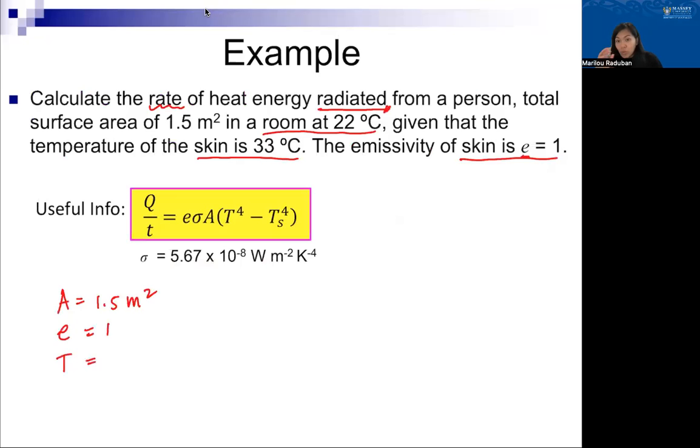So T will be the temperature of the skin, because T is the temperature of the object that's emitting radiation. In this case, the skin is emitting radiation. So you have 33 degrees Celsius. And T subscript S, the temperature of the surroundings of the object, is 22 degrees Celsius.